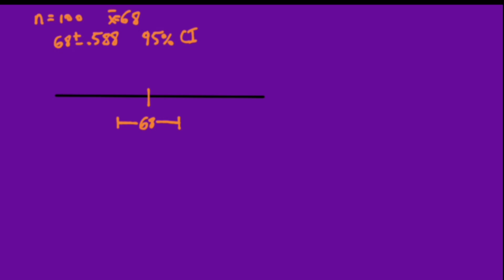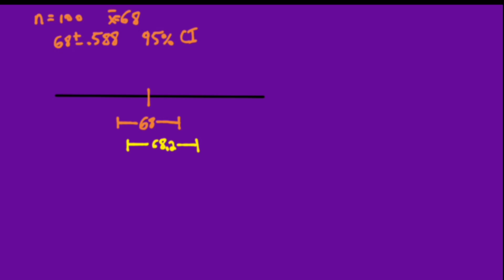So maybe we found 68.2. That's probably too small to see, 68.2. So this time we took a sample and we found 68.2. We would build a sampling or confidence interval. It would look something like this.